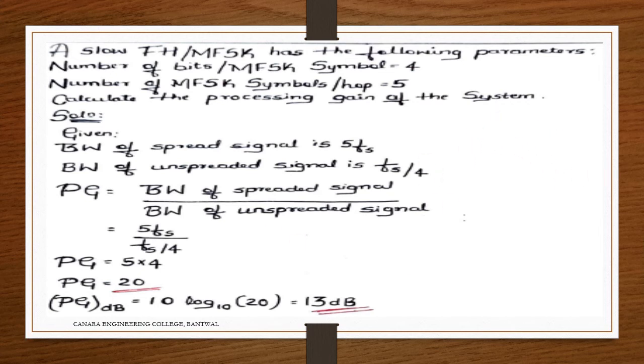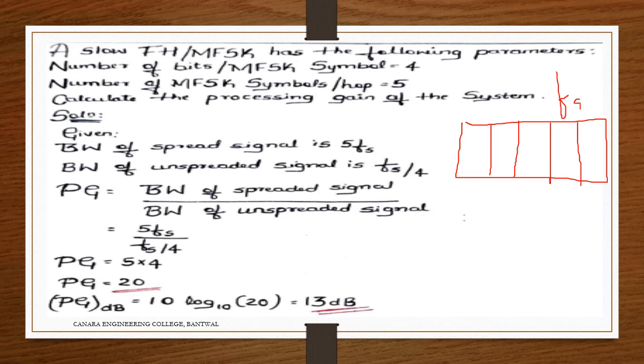For example, you can see this as the spectrum, and here how many symbols? 1, 2, 3, 4, 5. This is the fs, the frequency of this spectrum. The whole spectrum has been divided into 5 symbols, and in each one it has been allotted 4 bits.